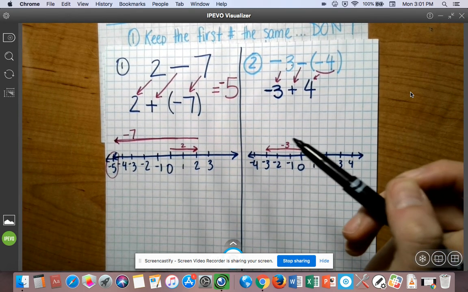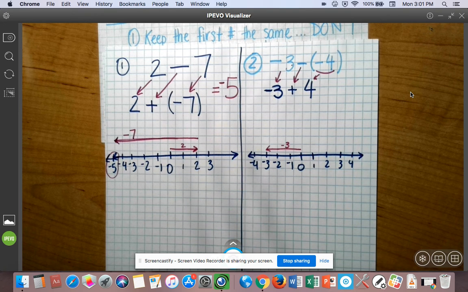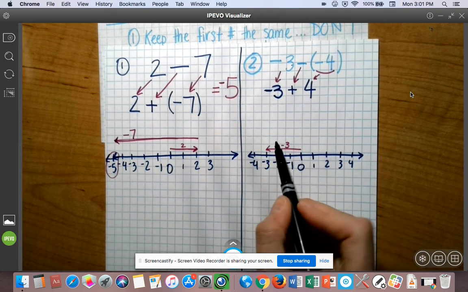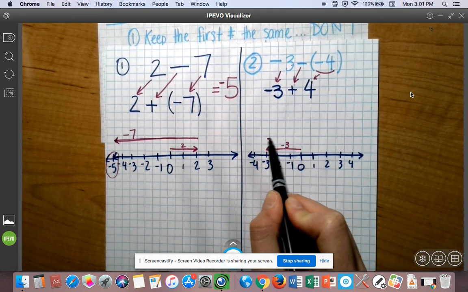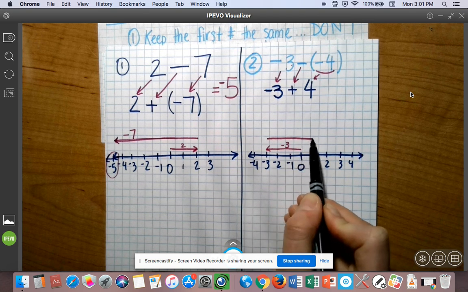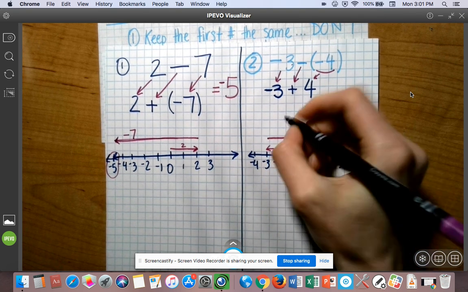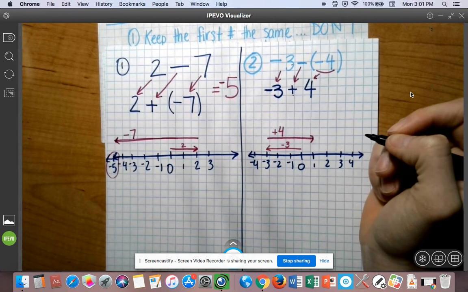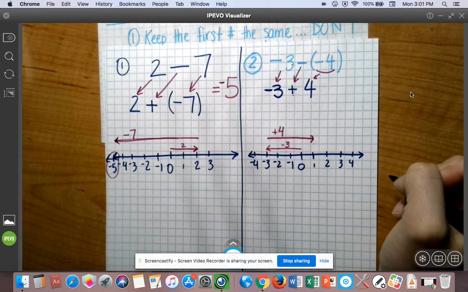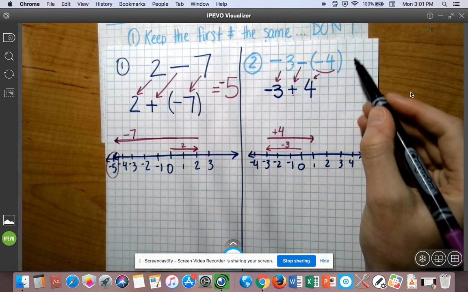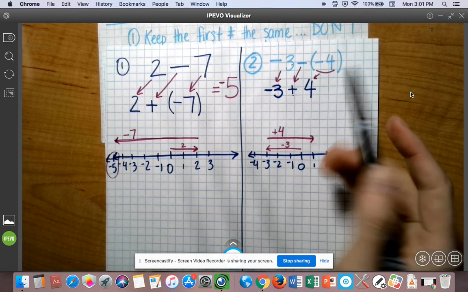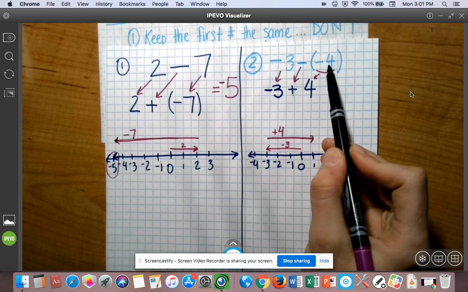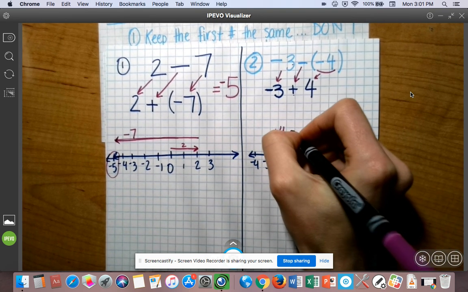Now, this is when addition is much easier to think about, because if I'm adding 4 right off the bat, adding a positive, I know my arrow is going to be going to the right. I don't even have to think about that. I'm adding a 4. You're adding +4, move to the right 4 spaces. If you're doing it with subtracting a negative, you're not subtracting a positive, you're not moving to the left, you're subtracting a negative, so you're still moving to the right.